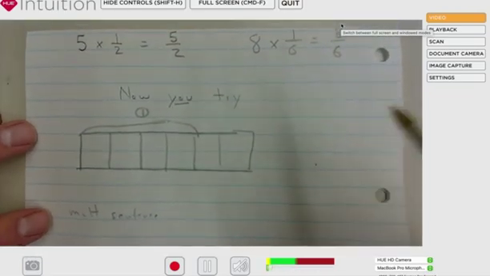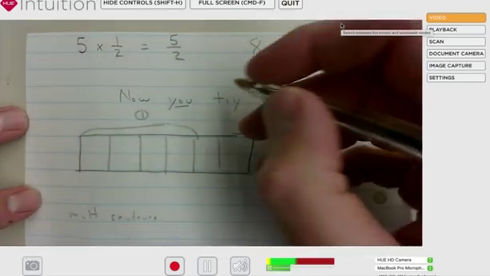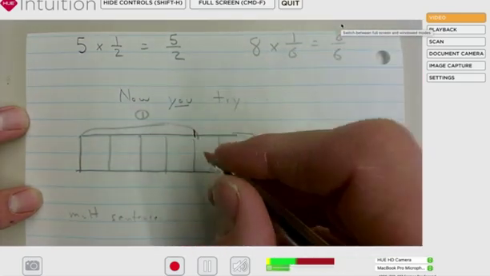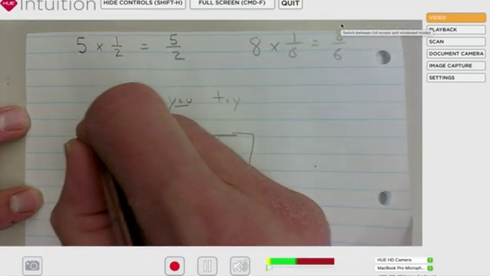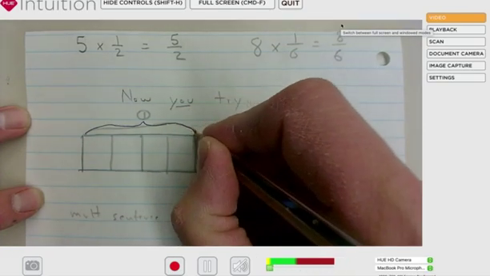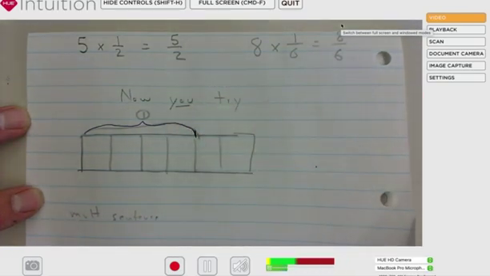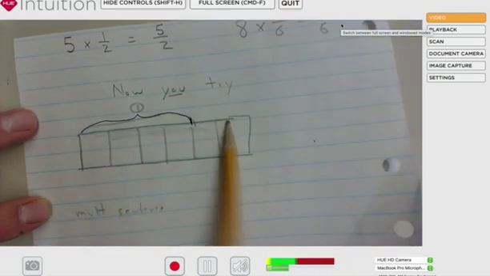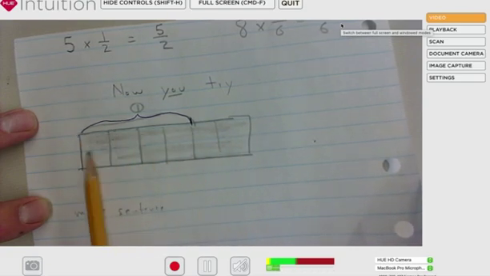Now you try. Now this is supposed to go over to here, so I apologize for my sloppy writing. This is not the greatest circus top I've ever made in my life. I want you to make this. I know this is taking a while. Thank you for your patience.